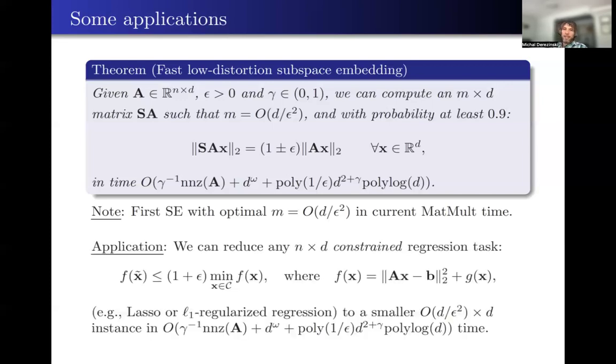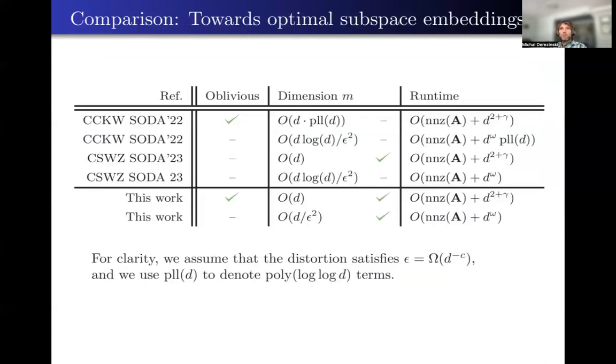And so naturally, we can give a natural application for this, just based on standard applications of subspace embedding to solving a range of regression tasks. So this can be placed in the context of other recent works aiming towards achieving optimal subspace embedding guarantees. So here's some of the comparison.